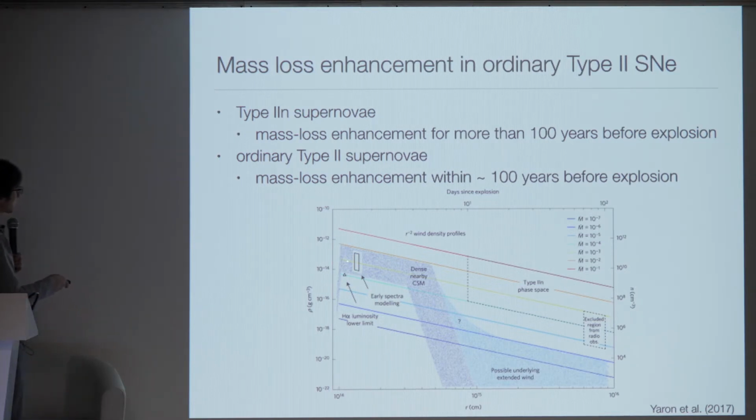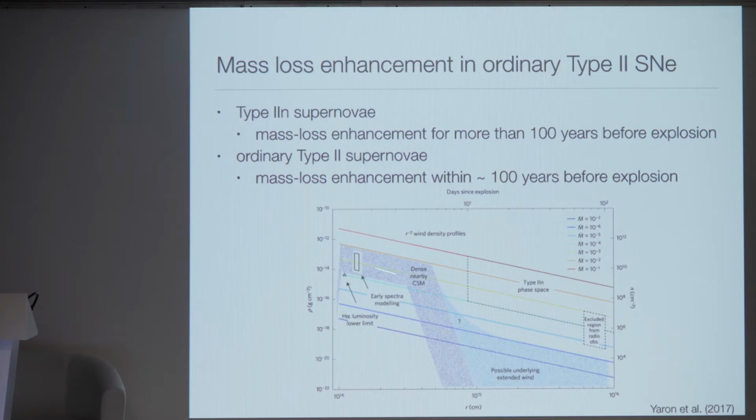So this high density structure sits just above the progenitor, and then the mass loss rate, the density should be very low after some radius. So that means in the case of ordinary type 2 supernovae, the mass loss rate should be enhanced before the explosion to explain this rapid rise and the narrow lines we see just after the explosion.